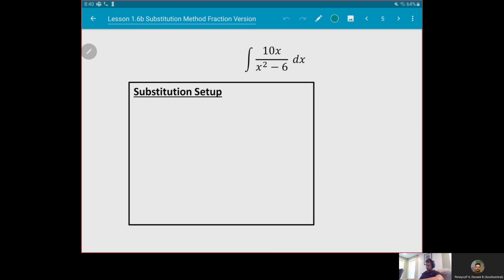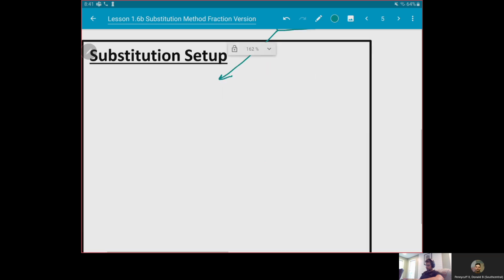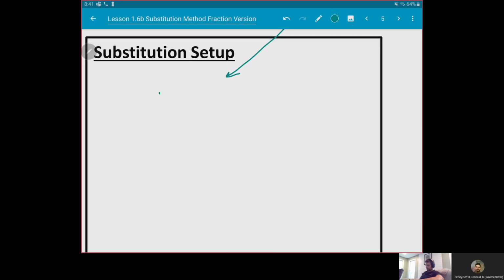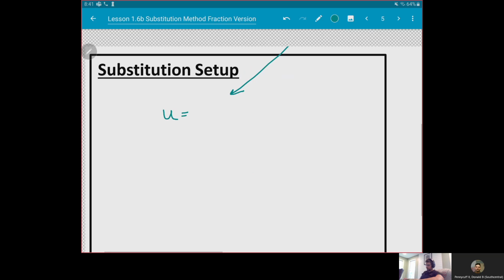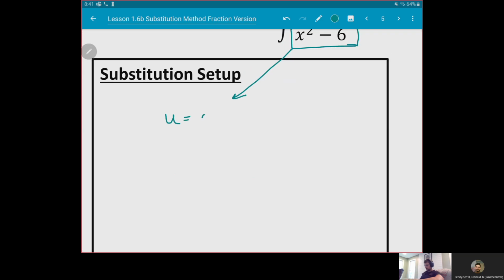Okay. So right here, I want to let the entire bottom of the fraction be my letter u. And so u is going to be equal to x squared minus 6.